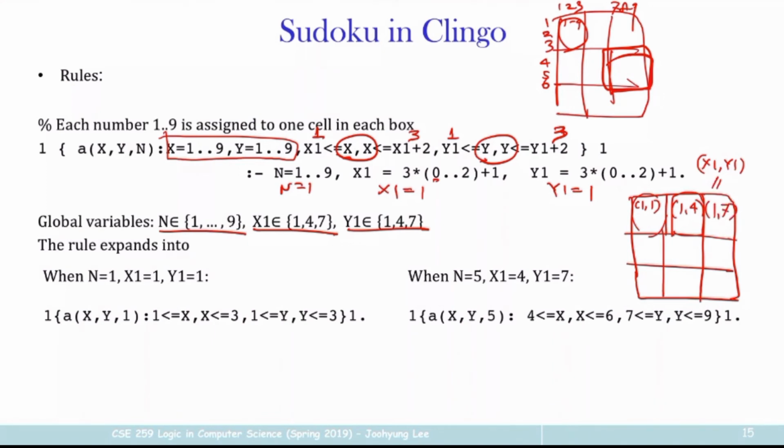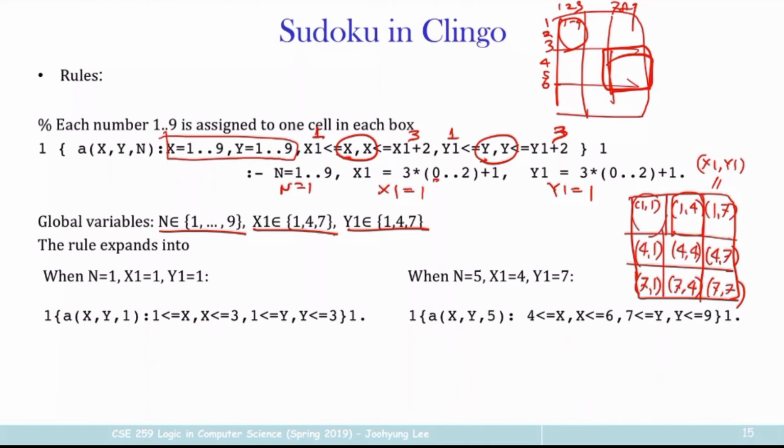So this will be 4, 1, 4, 4, 4, 7. This coordinate that I write is the values of x1 and y1. When x1 is 7, y1 is 7, then we are looking at this box, and we have to place numbers from 1 to 9 in each of these cells.